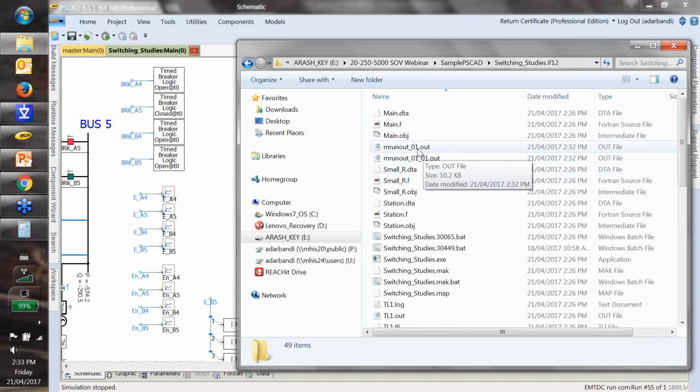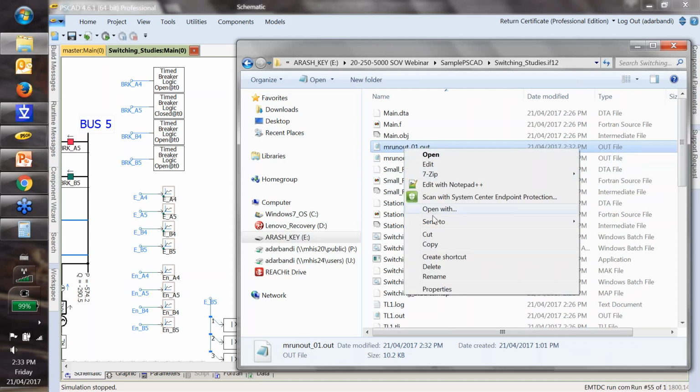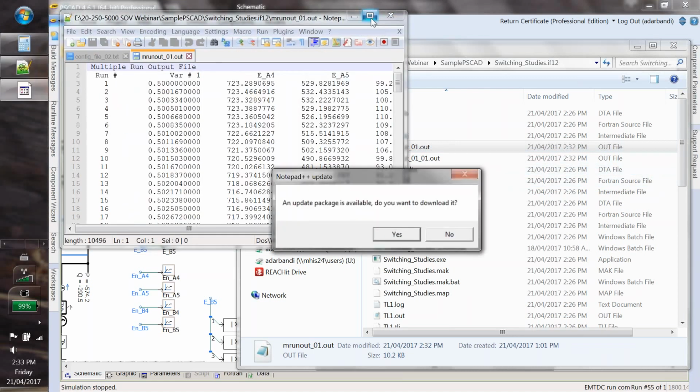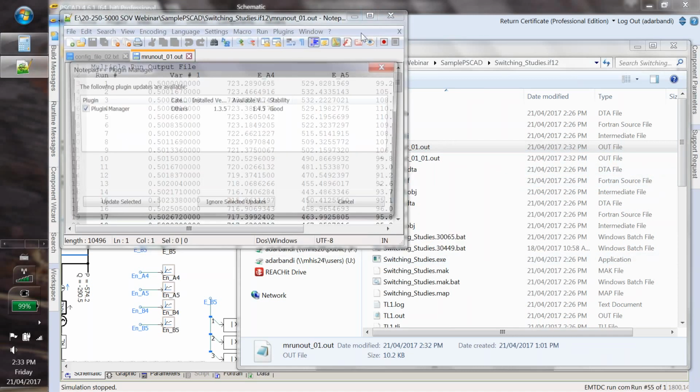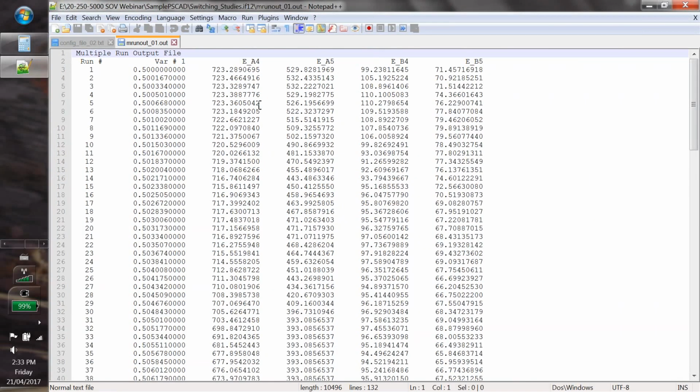See, these are the two multiple run output files. If you open them, these are all the voltages recorded for each run.